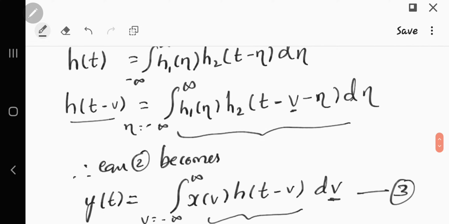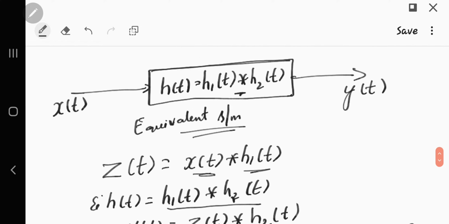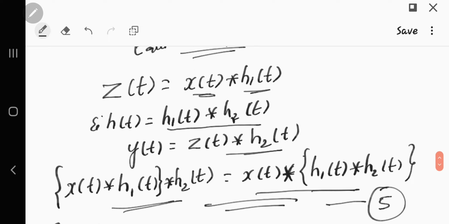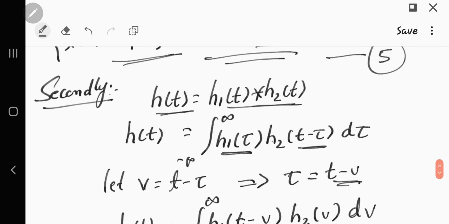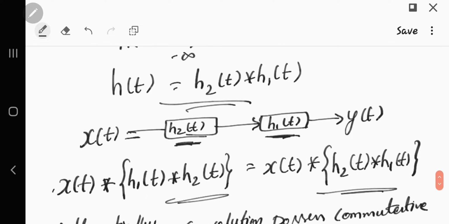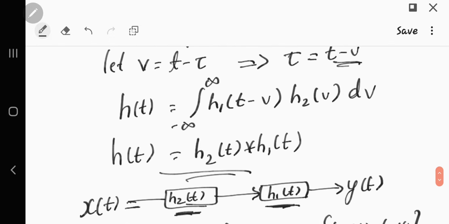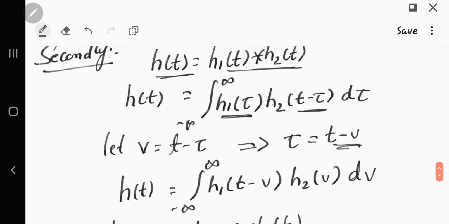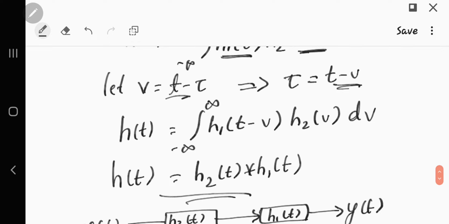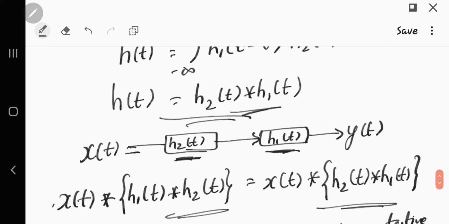To prove that, we elaborated this further and came to the conclusion that the system possesses the commutative property. How? We took only the impulse response and the convolution of h1 of t and h2 of t, just replaced the time shifting with some other variable, and we see that the system possesses the commutative property.